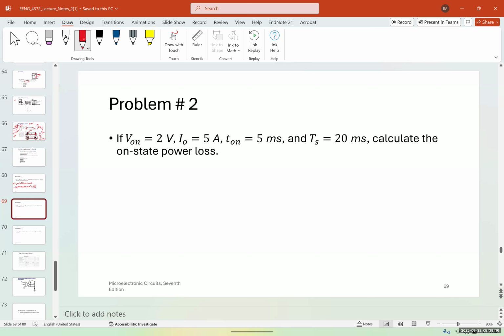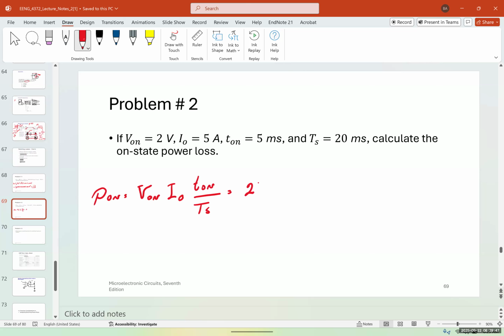Did you all get the answer? What is it? So V on would be equal to 2 volts. I out is 5 amps, I don't need to write it again. So P on is equal to V on, I out, T on over Ts.